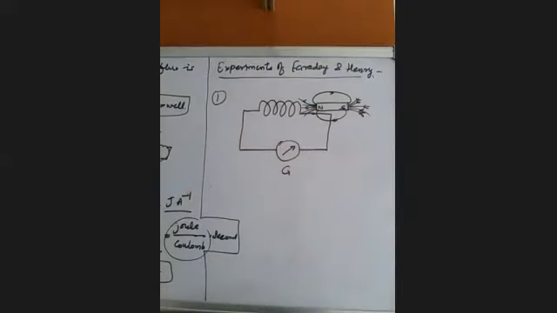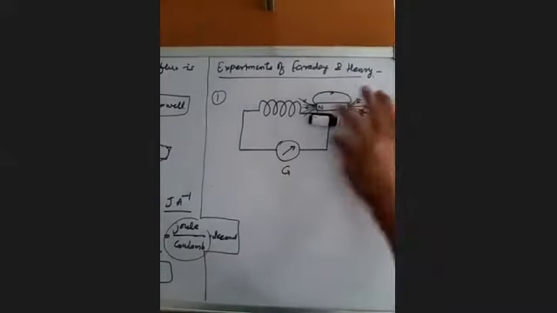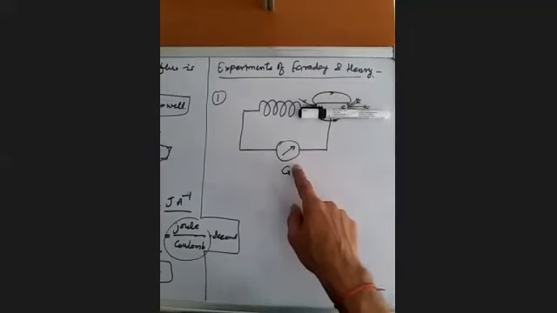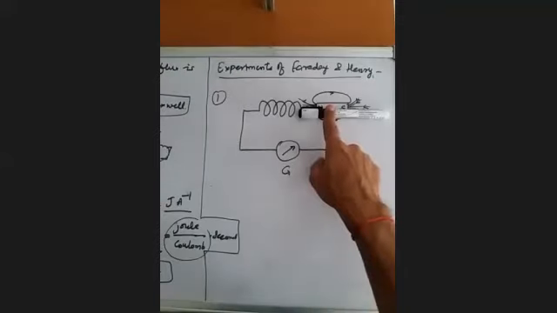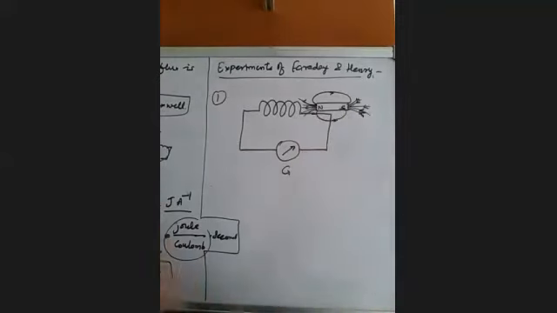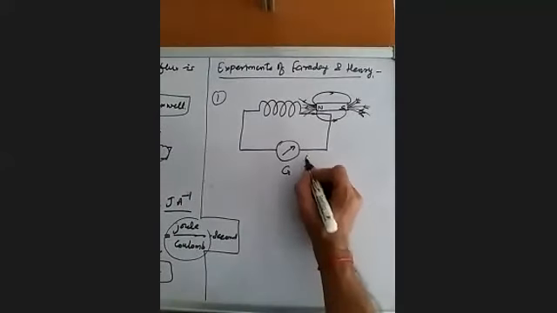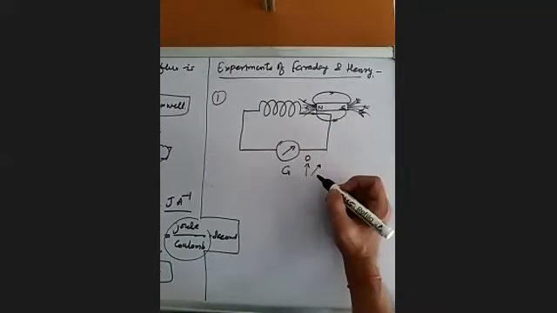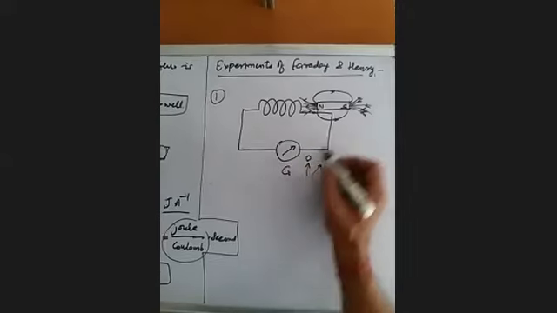So they took a coil of many turns and a magnet. Now when they brought the magnet close to the coil, this is the north pole, what happens? They experimentally see that as they are bringing the magnet close to the coil, there is a deflection in the galvanometer. And when the magnet stops, the deflection in the galvanometer becomes zero. So initially the galvanometer is showing zero, and when they are bringing the magnet, it may show something like this. That is, there is a deflection in the galvanometer. That means there is a current flowing through the galvanometer.